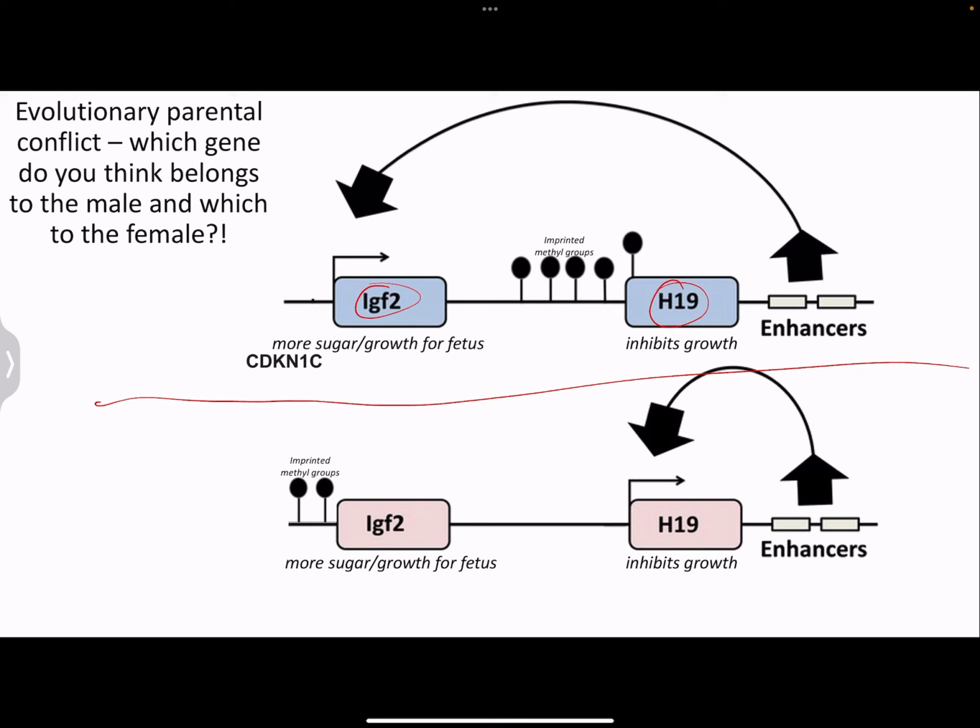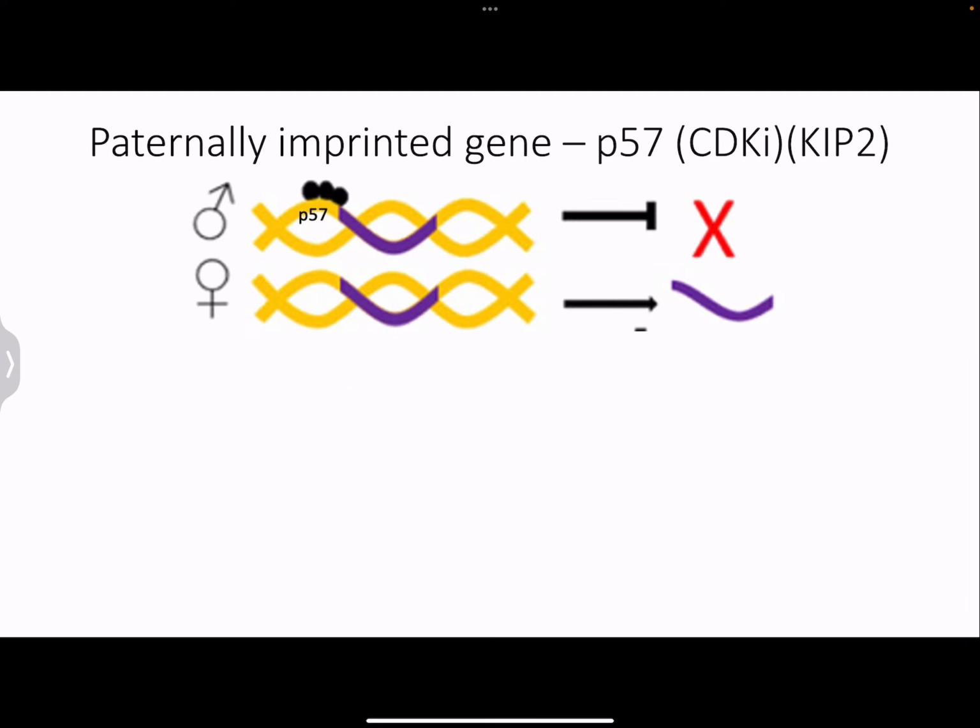And then it's vice versa for the one below this line. So if you had to guess whether the top chromosome is a male or a female, it would make sense that it's a male and the bottom one's a female. Because in this case, this is on, we're going to steal more nutrients, and this is off, the inhibition of growing. And so that's exactly what we get.